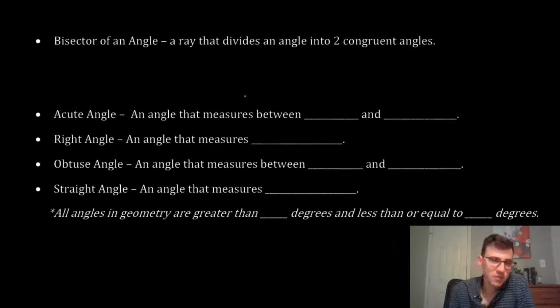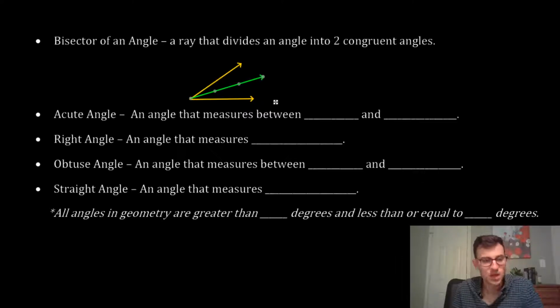Okay, we just talked about adjacent angles. There's a special type of adjacent angles that we should pay attention to, which is angle bisectors, right? Bisectors of angles. A bisector of an angle is a ray that divides an angle into two congruent angles. So again, let's do here and here. That's an angle. And if we have a ray that divides it into two congruent angles, I'll draw that in green.